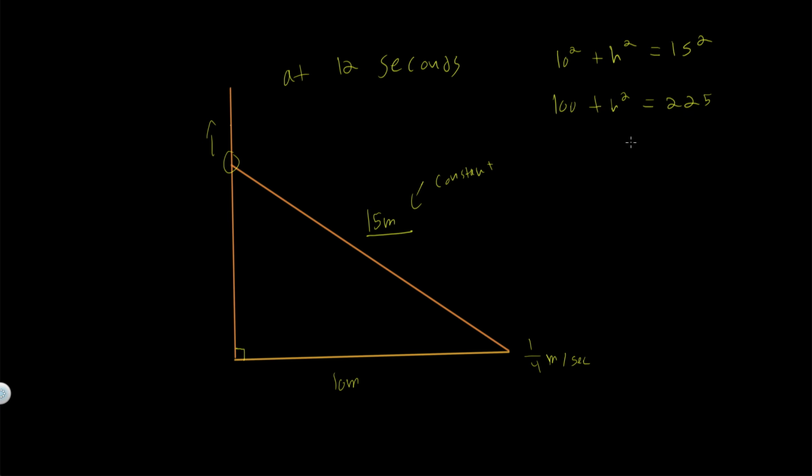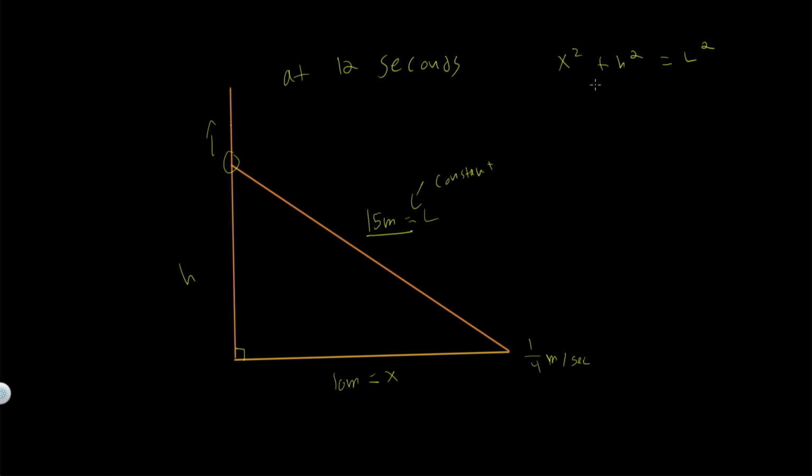And let's write these in terms of variables. Let's define some variables first, because it's only constant in certain times, except the 15. So let's just say this is x, and then we'll call this h, and we'll call this L. So we know that x squared plus h squared is equal to L squared.